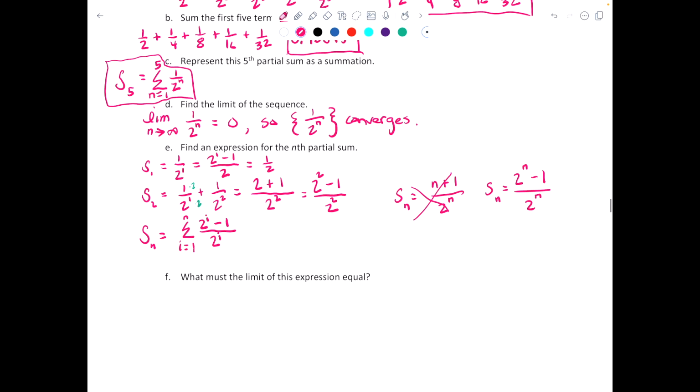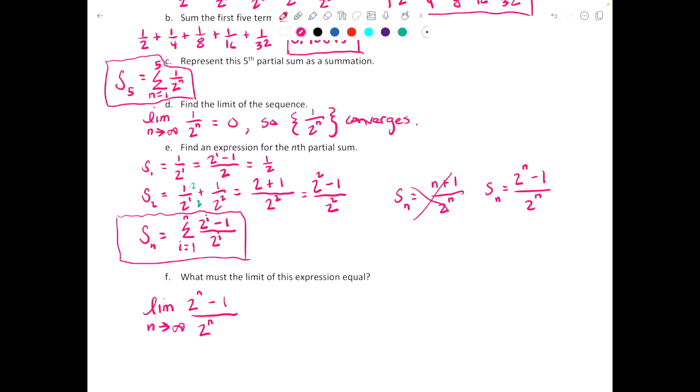So now, if we come over here and we say, what must be the limit of this expression? Well, we would evaluate the limit, I'll go back to n, as n approaches infinity, of 2 to the n minus 1 over 2 to the n.